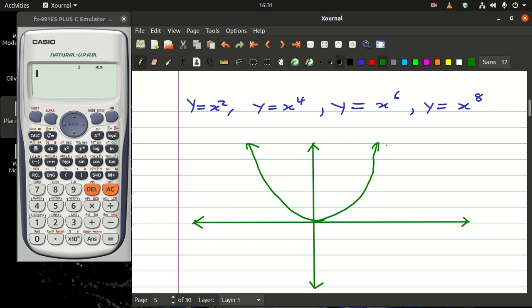Now this is y equals x to the power 2. Let me try and make sure that it looks a little bit cleaner. This one is supposed to be something of this kind.